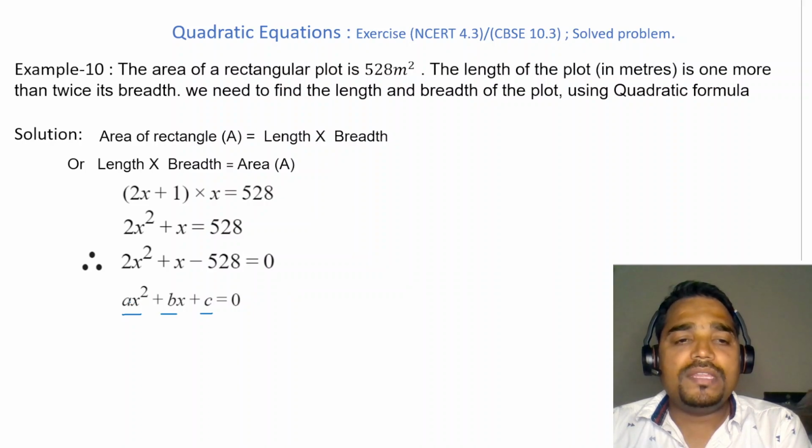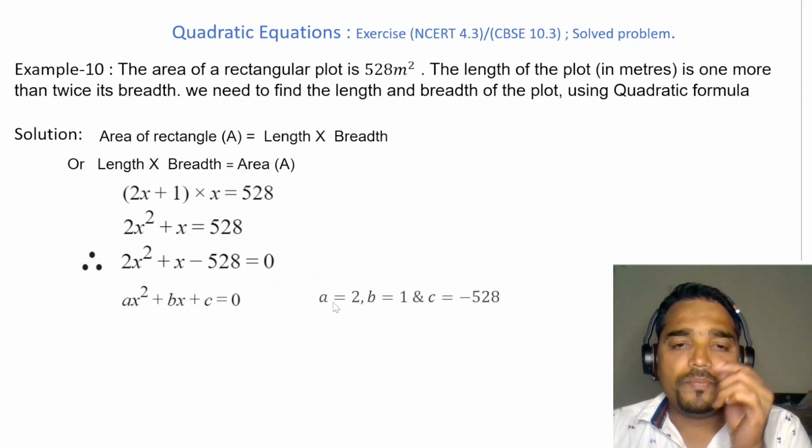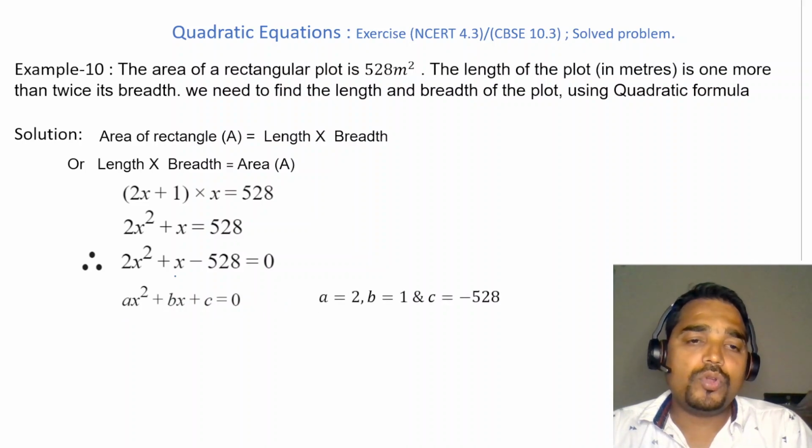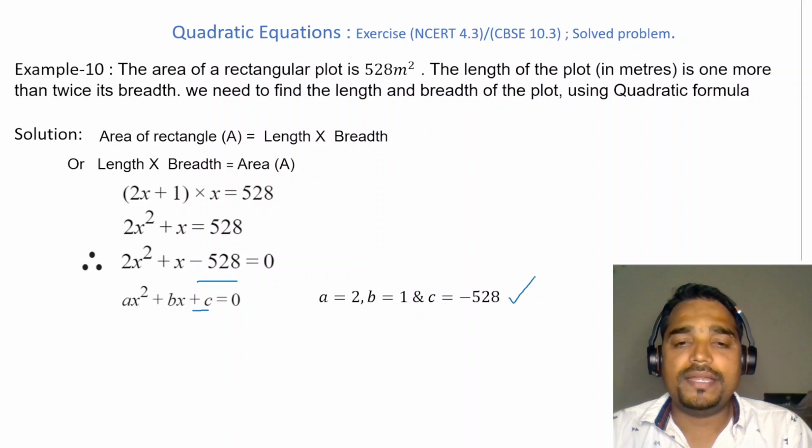Now wherever there is a, there is 2 in the equation, that is a is equal to 2 and b is equal to 1. c is equal to, in place of plus c, I have minus 528. Therefore, c is equal to minus 528. These are the coefficients and constants which are picked up.